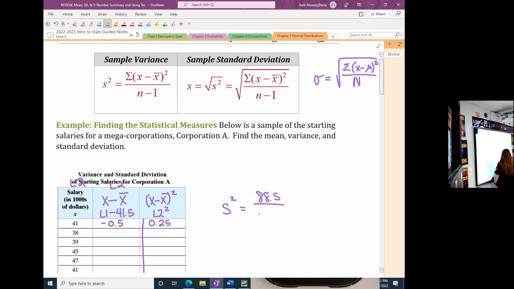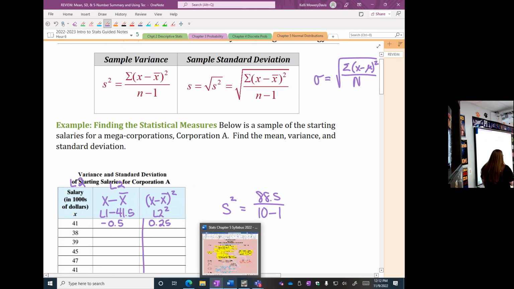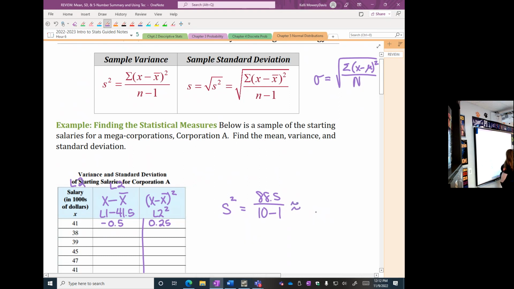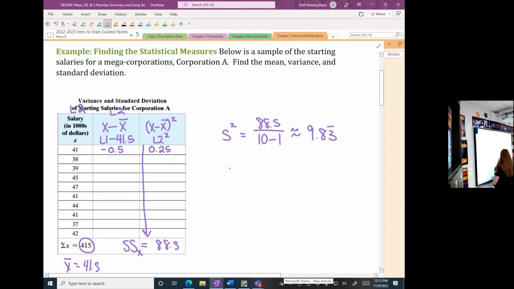In this case, what are we dividing by? Divide by 9, right? So we got 10 in our sample set. Can anyone tell me what you get? I think it's repeating. Okay, so that's my variance. What's my standard deviation then? Take the square root, right?